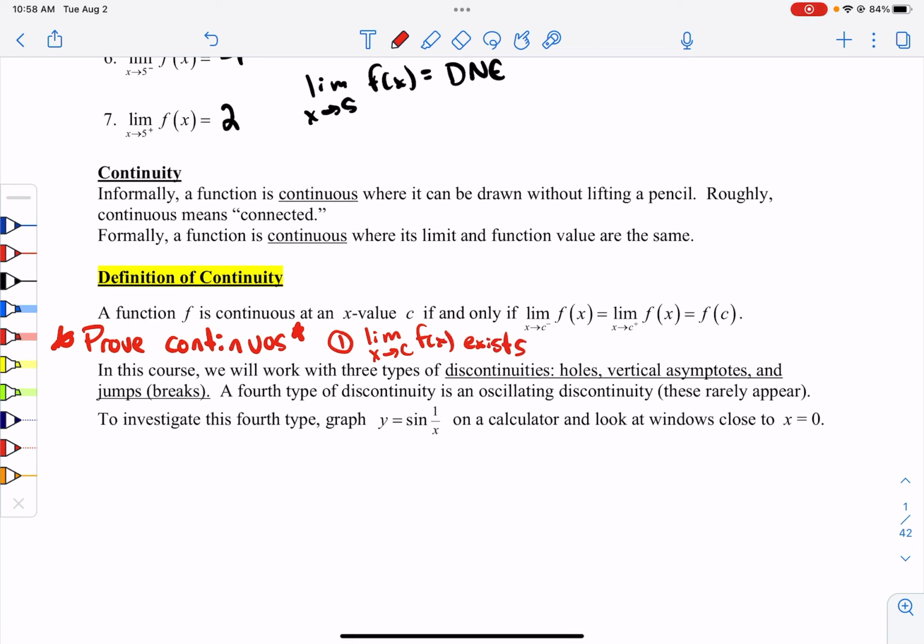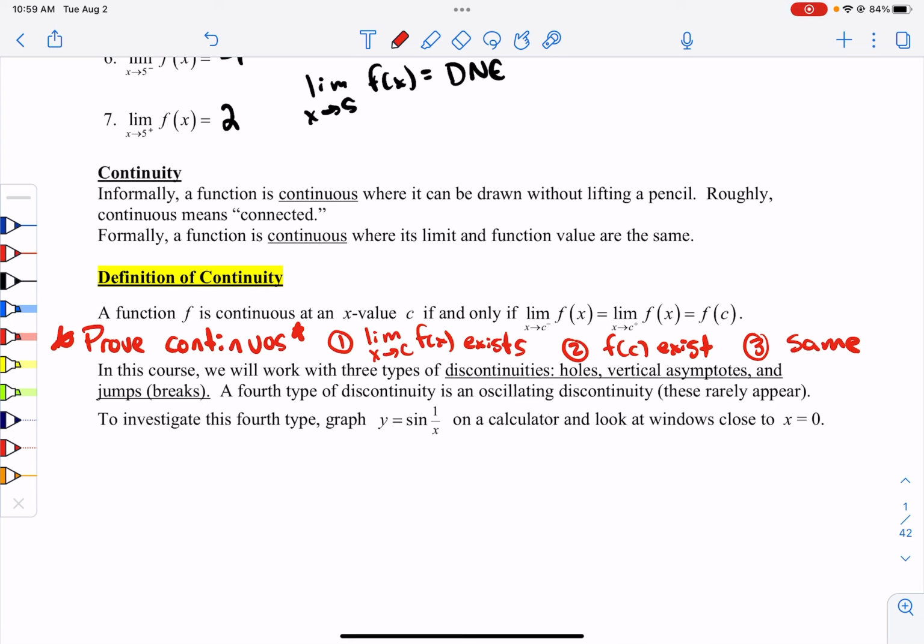Does the limit exist? From the left and the right, is it going to the same place? Then you need to see, does the value f of c exist? Is the function defined there? And the third thing that you need to see, are those numbers the same number? Okay? Does the limit exist? Does that value exist? And if so, are they the same thing?